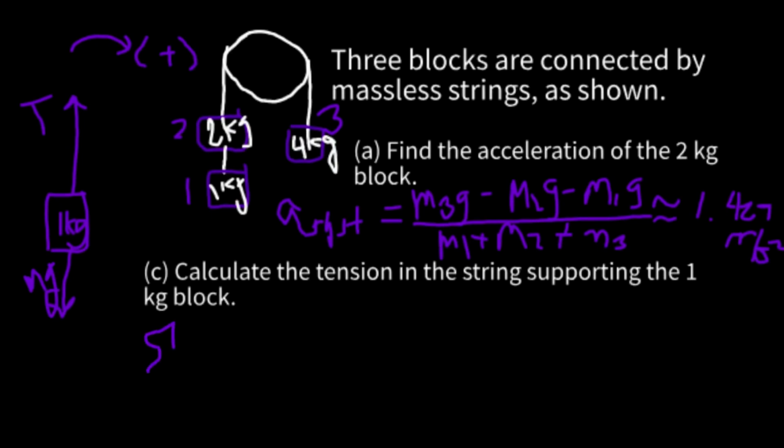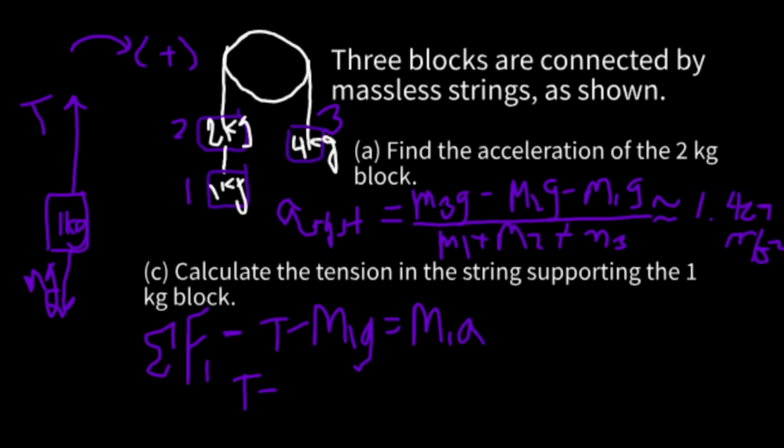Now we're going to sum the forces on block 1, and that will be tension minus m1 g equals m1 a, and then tension will equal m1 times g plus a. So the idea here is that block 1 is going to be accelerating upwards.